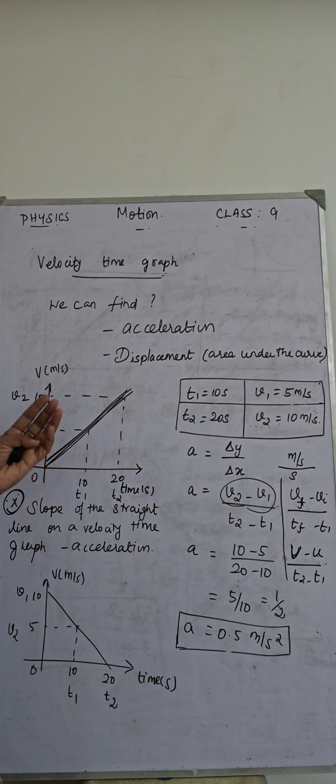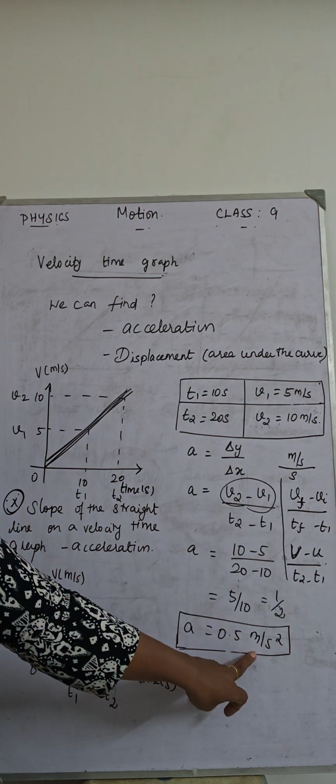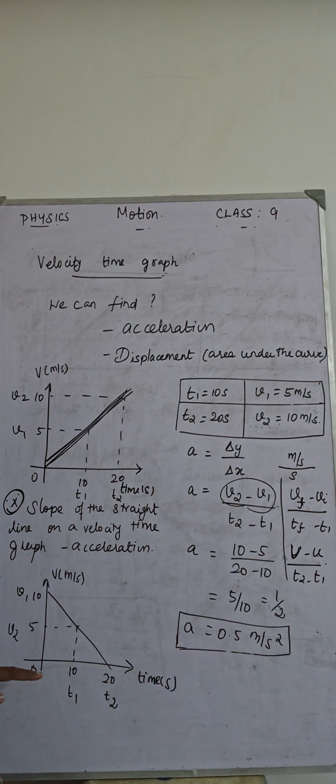If I reverse the graph and take it in a decreasing way, you will get minus 0.5 meter per second squared. Why? Because v1 is 10 and v2 is 5. Time remains the same: 0, 10, 20, with t1 as 10 seconds and t2 as 20 seconds. The change is in v1 and v2, because it is a decreasing graph.